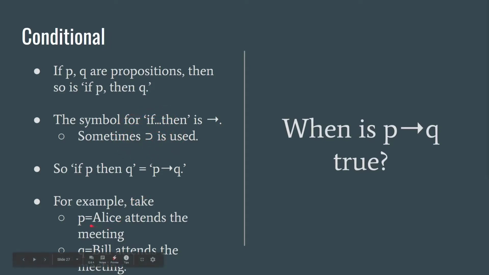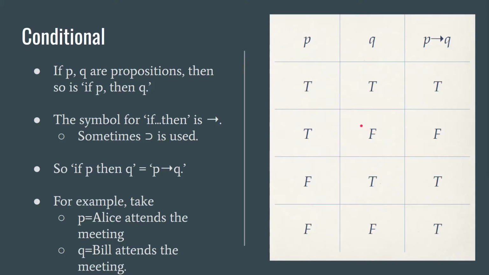So, for example, we have if Alice attends the meeting, then Bill attends the meeting. Under what conditions is P arrow Q true? This is a little bit unintuitive, so we're going to be using a very highly idealized version of the conditional. We'll talk about some philosophical problems with that in a moment. Here's the truth table.